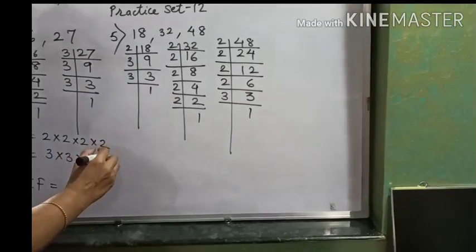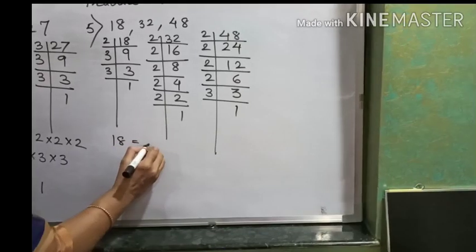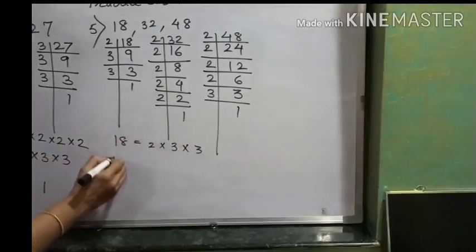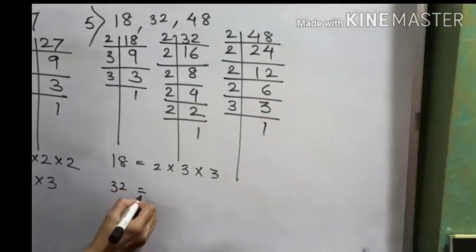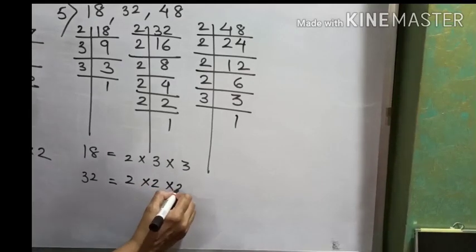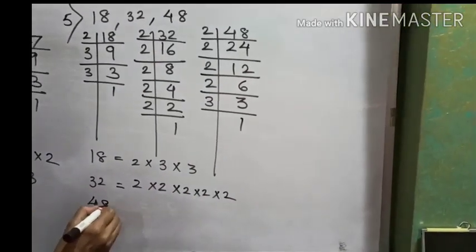Now we will write in horizontal way factors of 18, 2 multiplied by 3 multiplied by 3. Then factors of 32, 5 times 2. Then factors of 48.